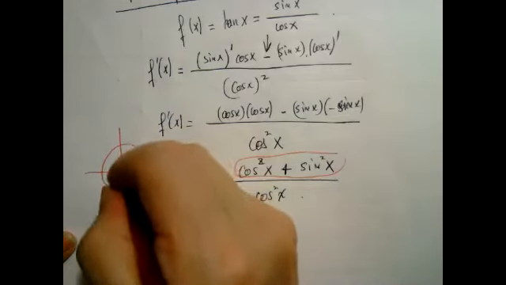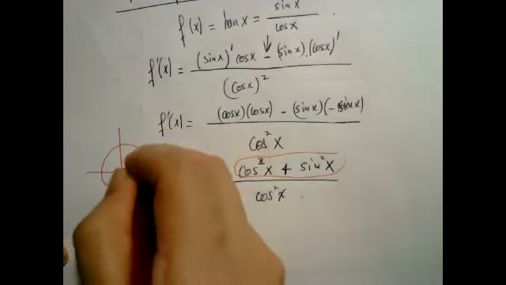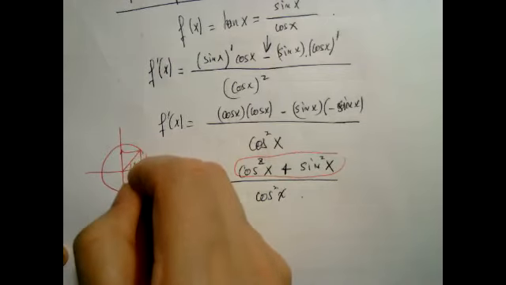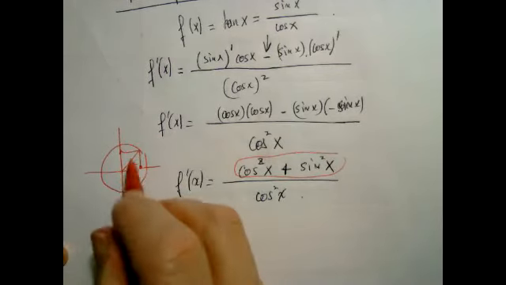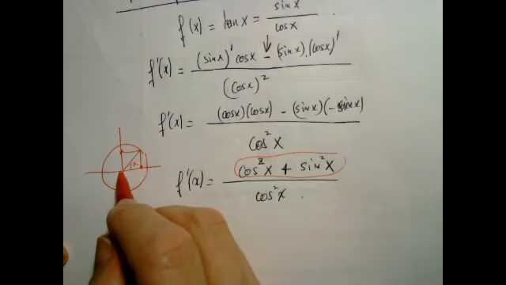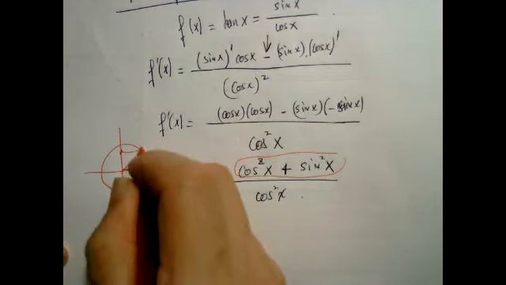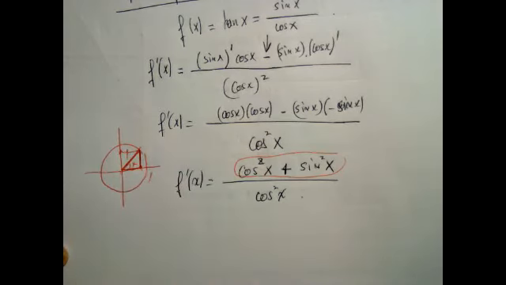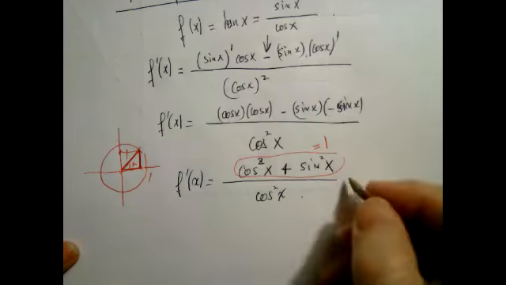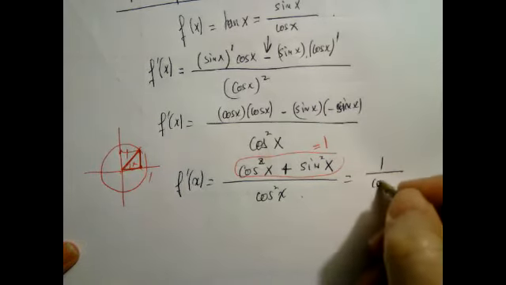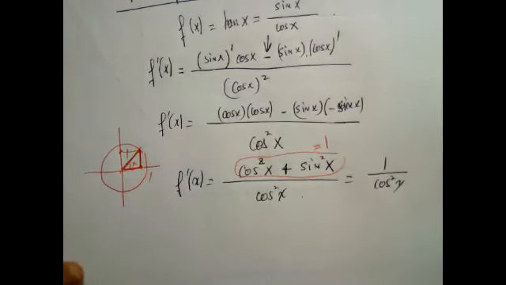If you have any angle x here, remember the cosine is the x coordinate and the sine is the y coordinate. So if you take this square plus this square, it's going to give me 1 square. So this is equal to 1, and this will be equal to 1 over the cosine square of x.